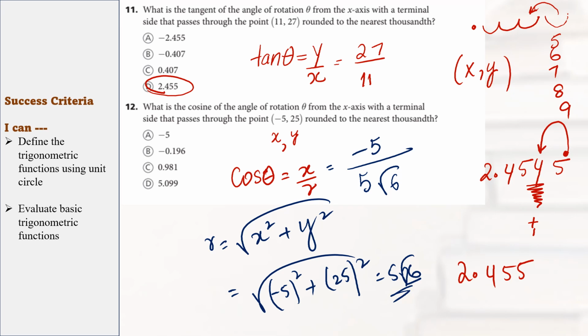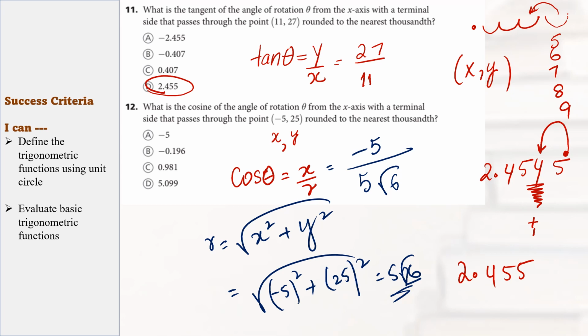Whatever answer you get in the end, you have to turn it into the decimal form. So the answer will be -0.408, which means I am making some mistake.